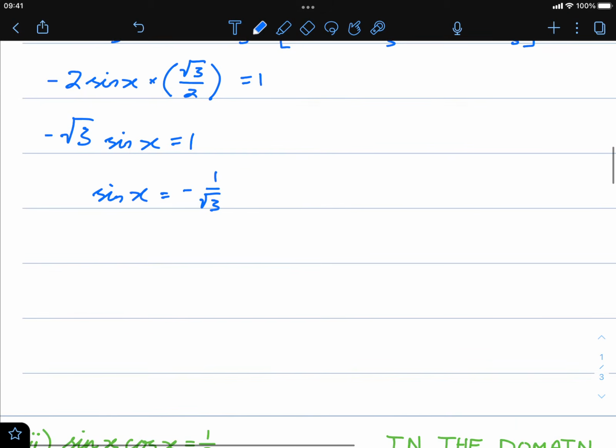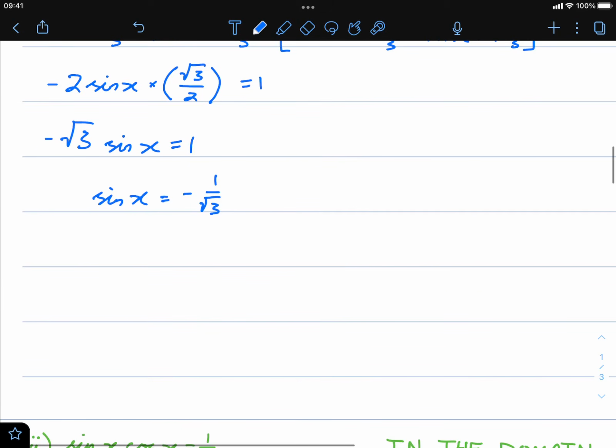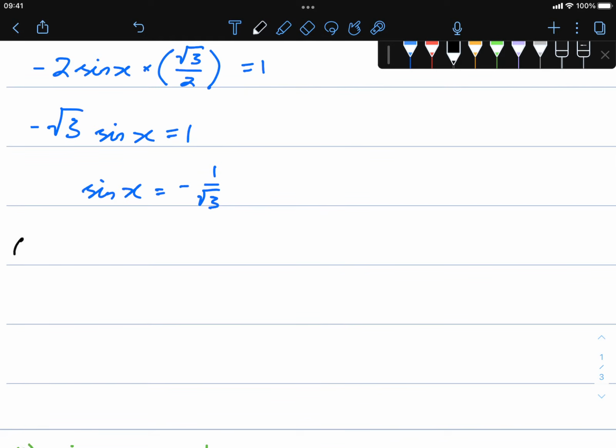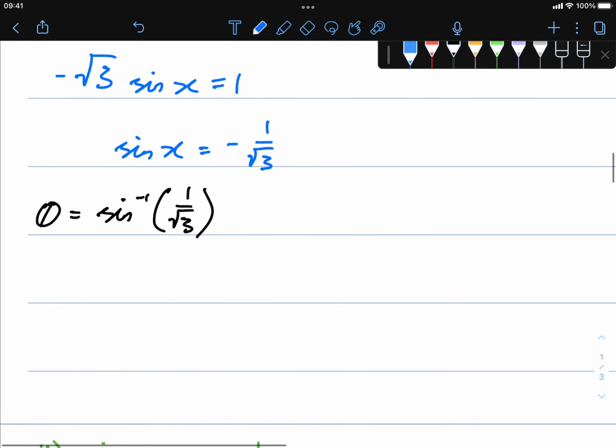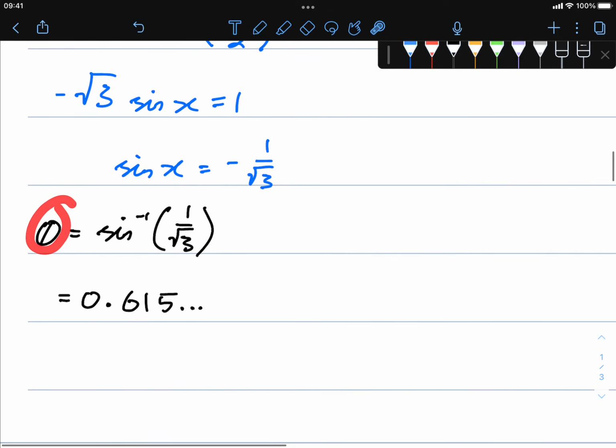Now from here, I'm actually going to answer a different question. I get theta equals sine inverse of 1 on root 3. Notice how I'm taking the positive here. Now in radians, I get this to be 0.615. So I'm going to let that equal theta.